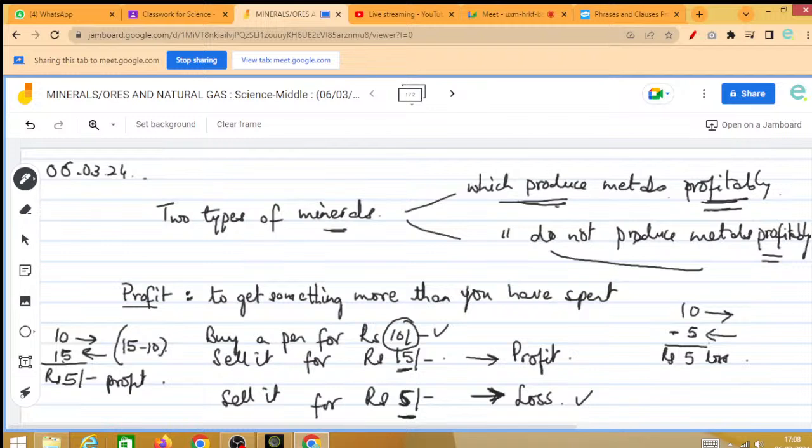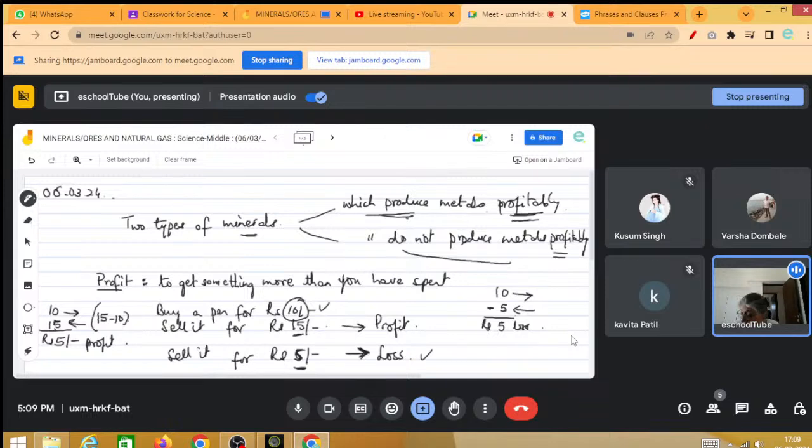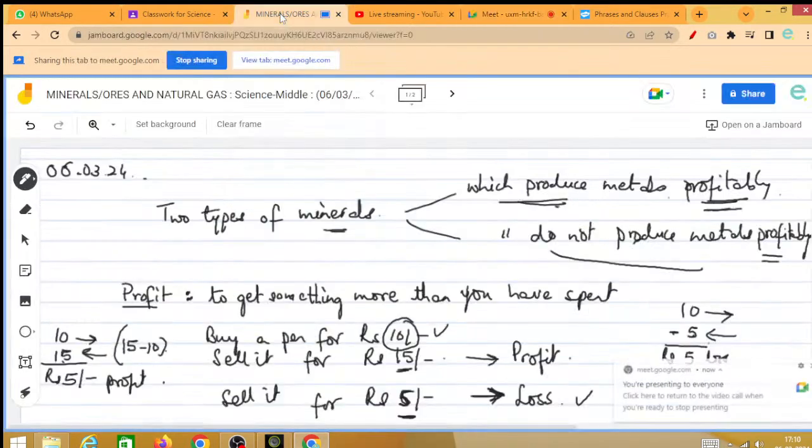So if we do that profitably, then it is an ore. About the tenses, not maybe today because we have to complete the previous one, but after that. You all are making mistakes in tenses.